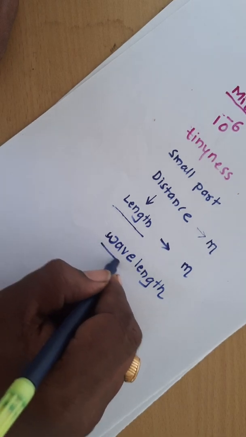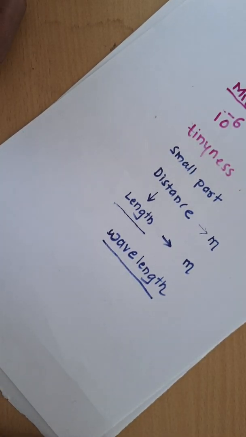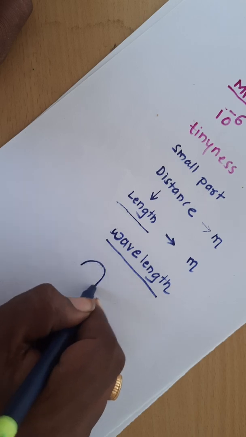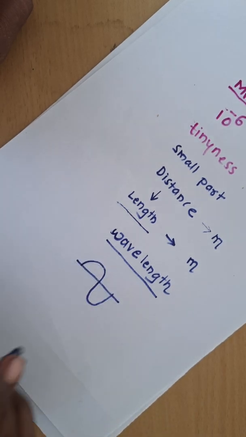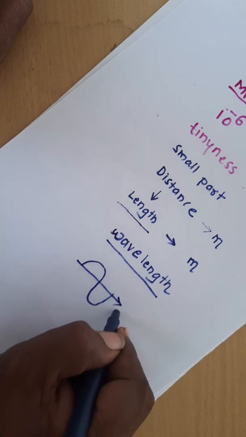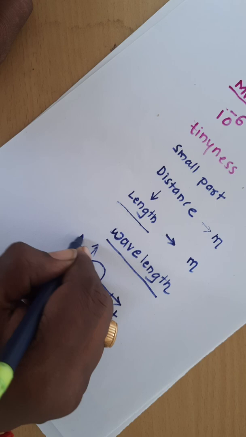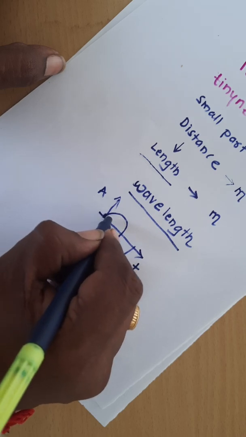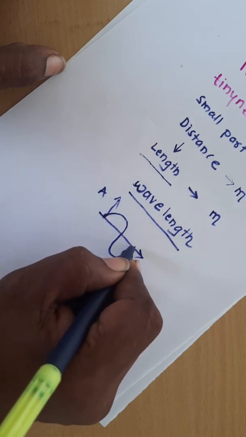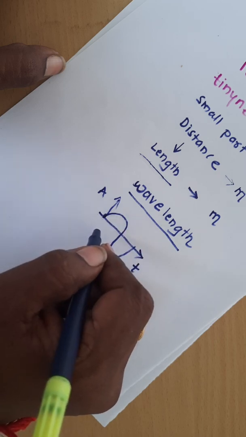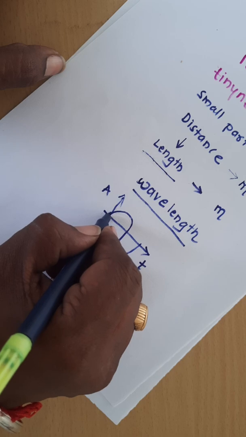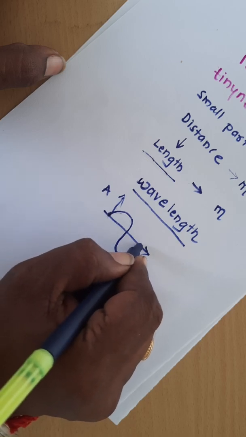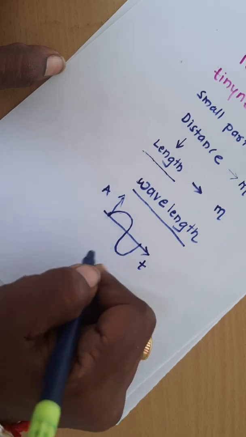Wavelength is one of the important parameters in signal communication. Now, as all of us know, if we draw the waveform of a sinusoidal wave or a sine wave, on the x-axis it is time, on the y-axis there is amplitude, right? Now, if a particle is moving along with this wave through the crests and troughs, this particle is covering a distance from this point and moving in that direction, and it will complete its distance at this particular point.